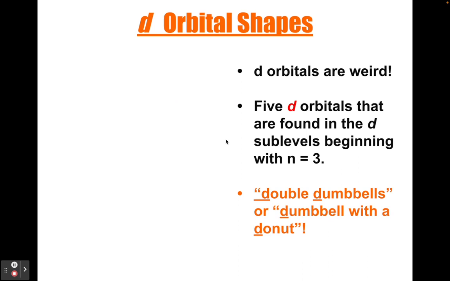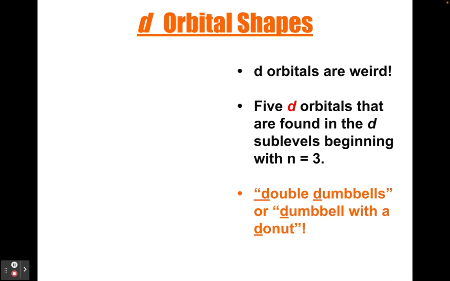Now the next set of orbitals is called the d orbitals, and you can think of this also as the d sublevel. d orbitals have a weird shape. They have multiple lobes. There are 5 d orbitals, and you start to see the d orbitals at energy level number 3.